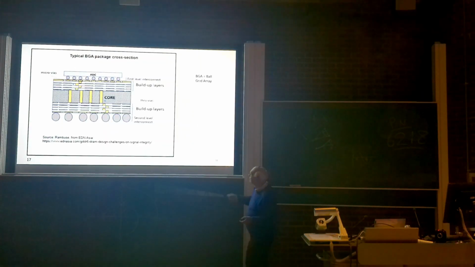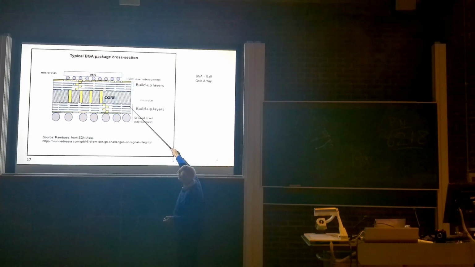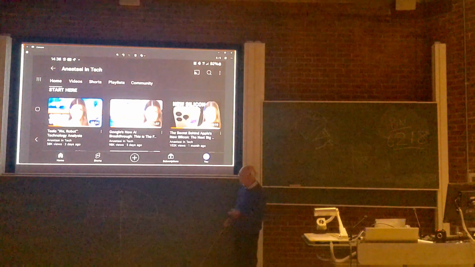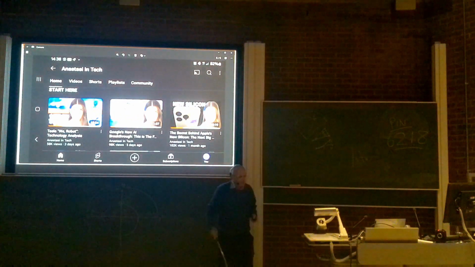Again, there are different technologies. This was a build-up of layers, which there's a lot more layers in the latest systems on here, and this is typical BGA, which is ball grid array, which you can see on there. So the techniques have got really wonderful.